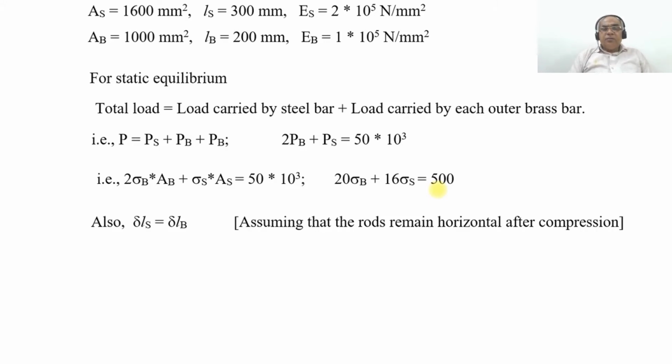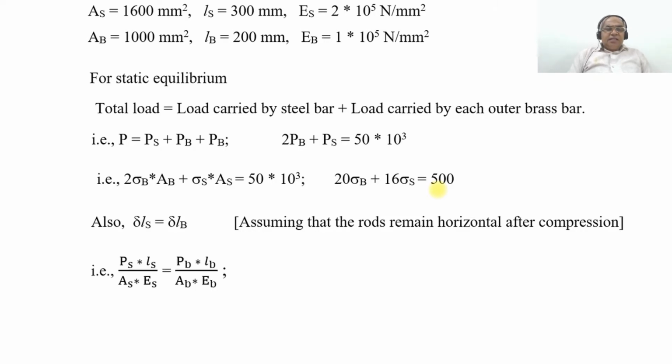Therefore, delta LS will be equal to delta LB. Because the bottom surface of the rigid bar is touching all three top surfaces of the two brass bars and one steel bar, we assume that the rods remain horizontal even after compression.